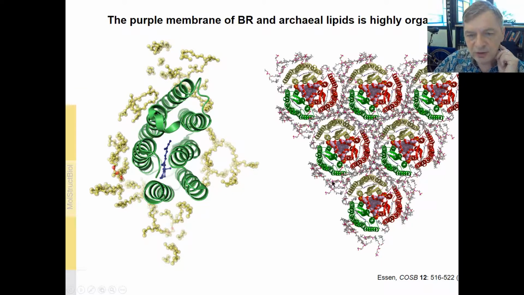As you see here on the right-hand side, but also on the left-hand side, it's one monomer. Here are 3 monomers of bacteriorhodopsin forming a trimer. This trimer is specifically associated with a specific sulfoglycolipid from this archaeal organism, shown in red, space filling.